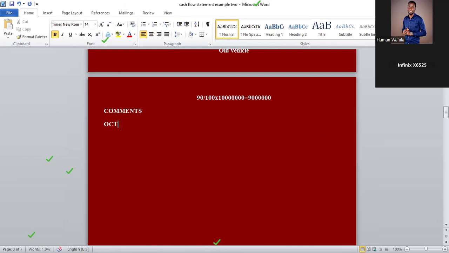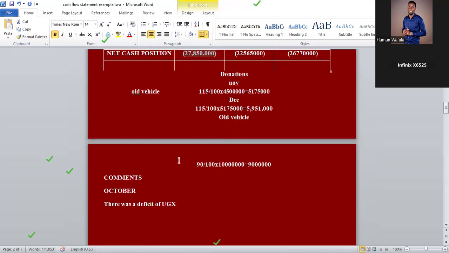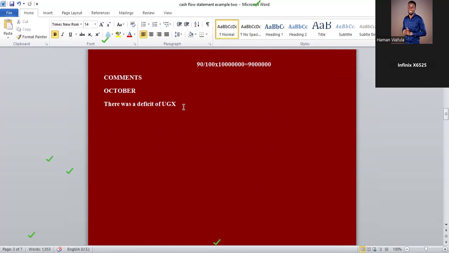October: it was a deficit of 27,850,000.